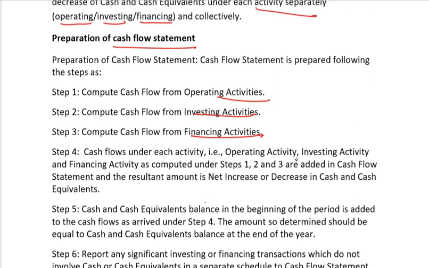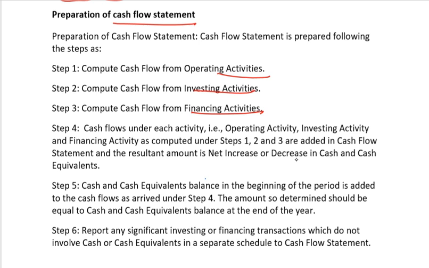Afterwards, what to do? After that, the cash flow from each activity is added, and the resultant amount is called the net increase or decrease in cash and cash equivalents. We are adding these three, and at that time we get this amount under the heading net increase or decrease in cash and cash equivalents. Then the cash and cash equivalents balance at the beginning of the period is added to the cash flow arrived at through these steps.